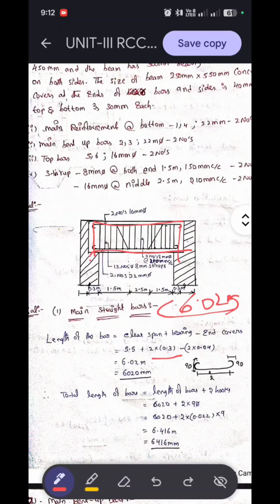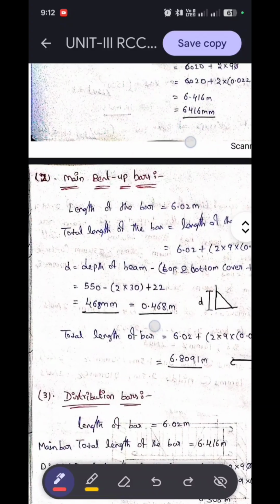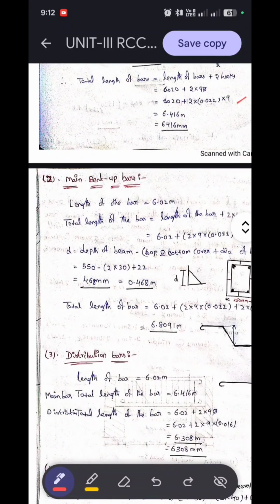So 6.02 plus 2 into 9 dia, where main reinforcement 22 mm is converted into meters, 0.022. The value is 6.416 meters. Main straight bar length is 6.416 meters.